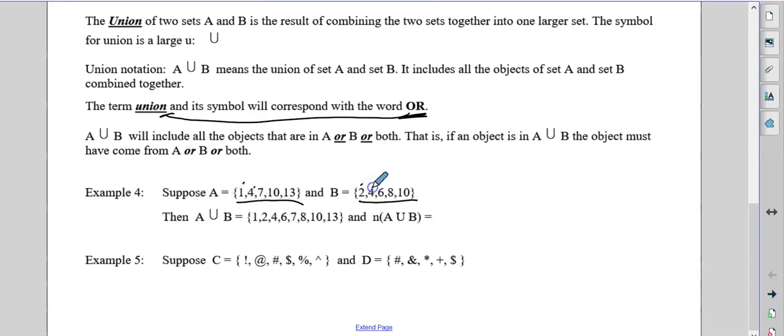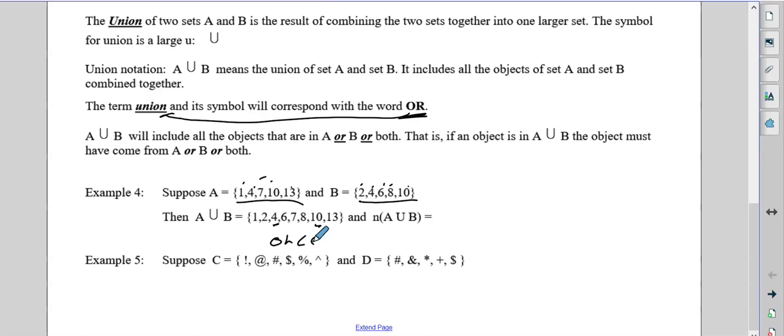Now notice we only write 4 once. We don't have to write 2 4s because it's already in both. And then the 6, the 7, the 8, the 10. And the 10, there's 2 of those, and 13. So for the 4 and the 10, we only write them once. Okay? We don't write 2 of them. It just has to be there in both.